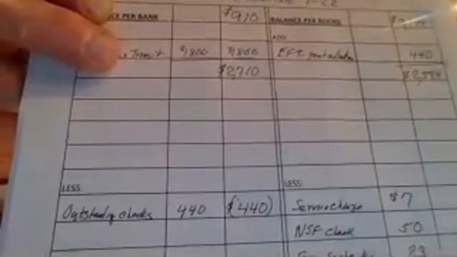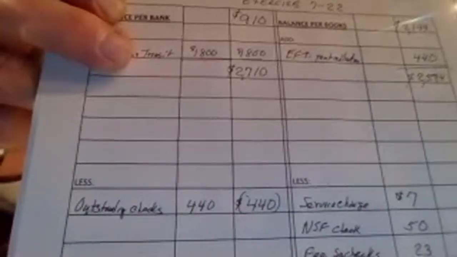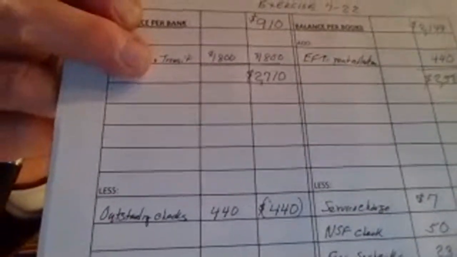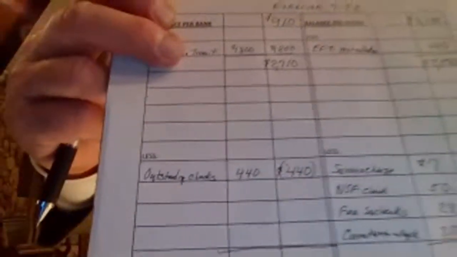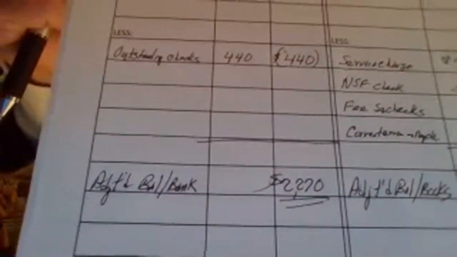Then we have our negative adjustments: correction of the error on that paycheck, not sufficient funds check, printed checks, service charge. Subtract those, total them up, get $2,270 on both sides. So we've reconciled it. Once you get those two amounts together, all we have to do now is the journal entries based on that.